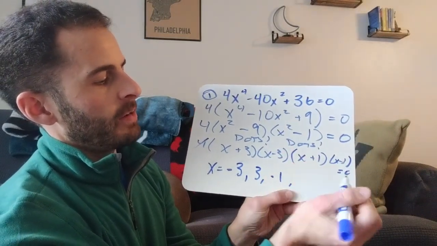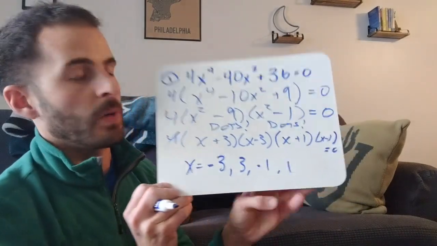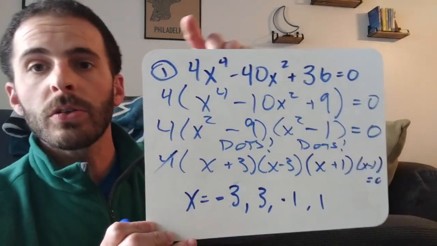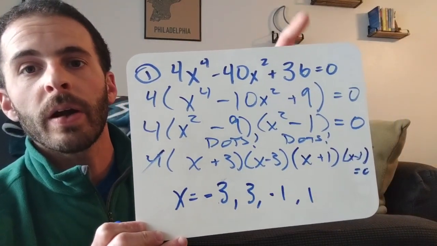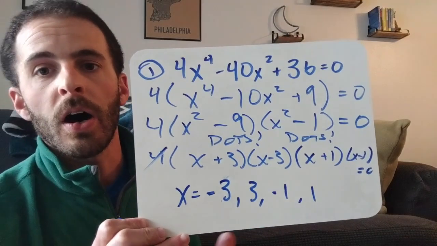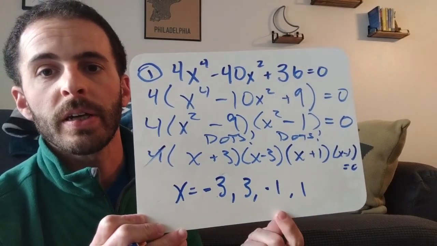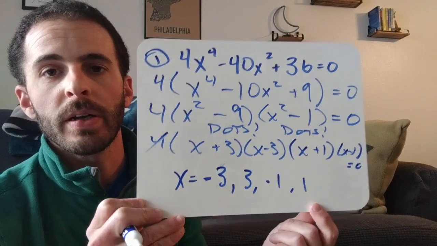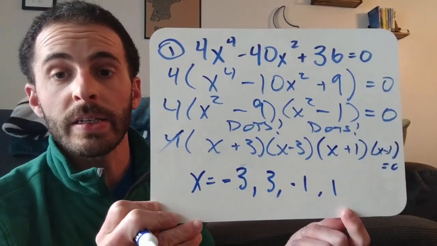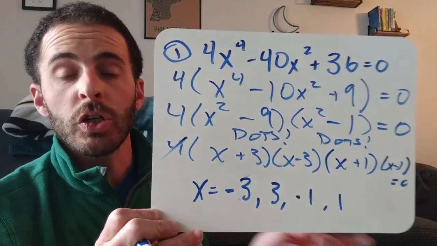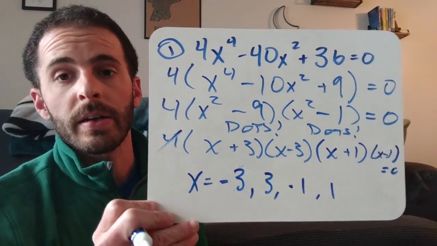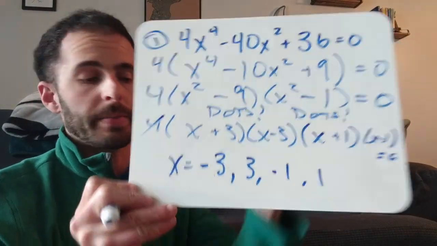Change the sign, negative 1, and change the sign, positive 1. So my solutions to 4x to the fourth minus 40x squared plus 36 are negative 3, positive 3, negative 1, and positive 1. You should pause here, finish writing it down. When you're done with that, try number 2 right now, and I'm going to get ready for number 3.